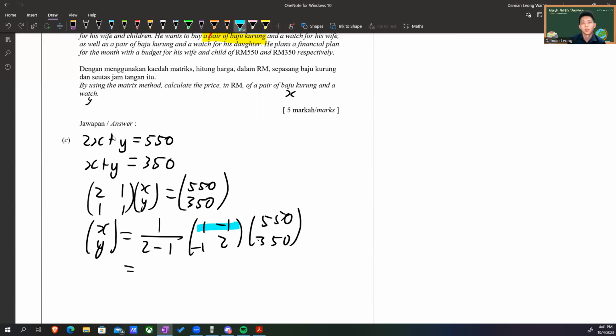Then times the matrix. First matrix follow row, second matrix follow column. 1 times 550, negative 1 times 350, minus 350, negative 1 times 550, plus 2 times 350, 700.